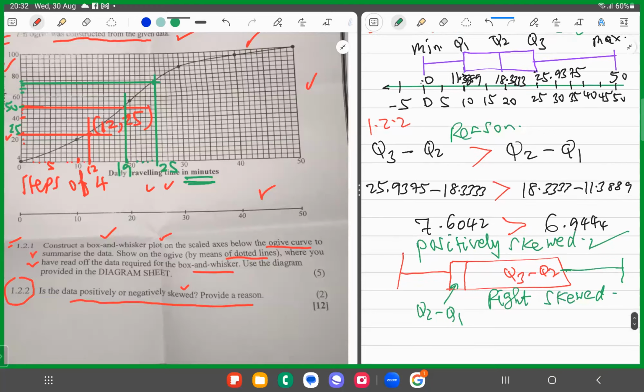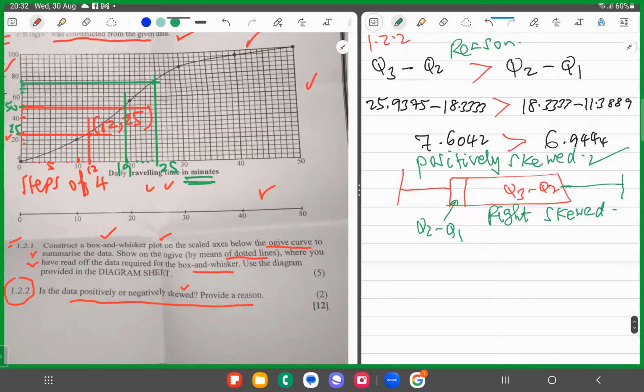Okay, I want to speak about skewness of data. We can also have data that's like this. Okay, you can have data that's like this, and then now you have this sitting here.